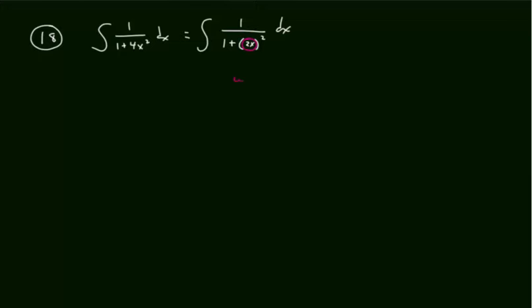U equals 2x. Now it's a mini sub, so I don't need this work, but I'll just show it anyway. 2dx, dx equals du over 2. That's telling me that I'm going to pull out a 1/2, and I'm left with 1 over 1 plus u squared du, and you should have this committed to memory.